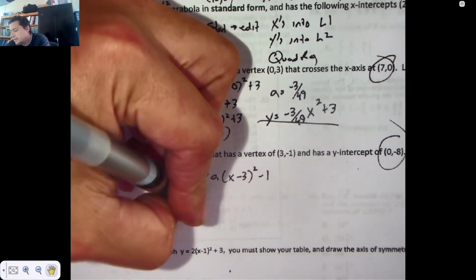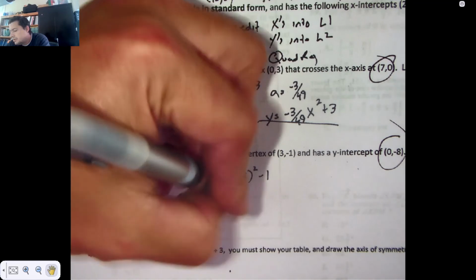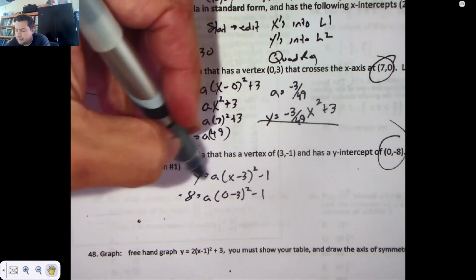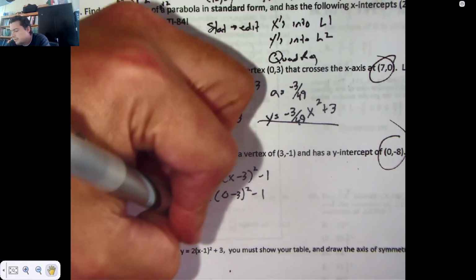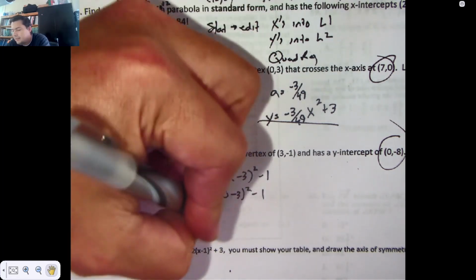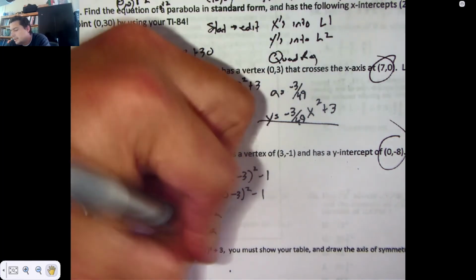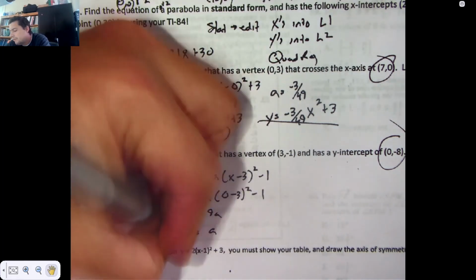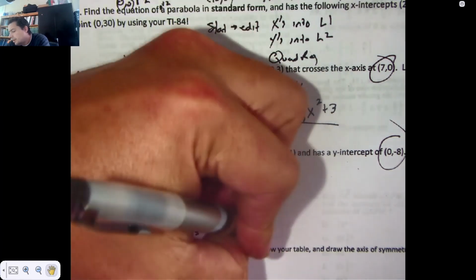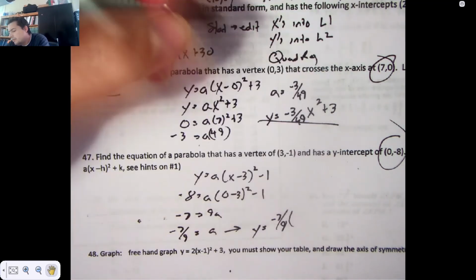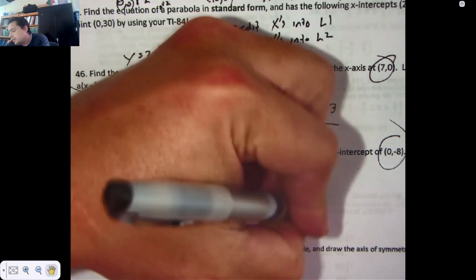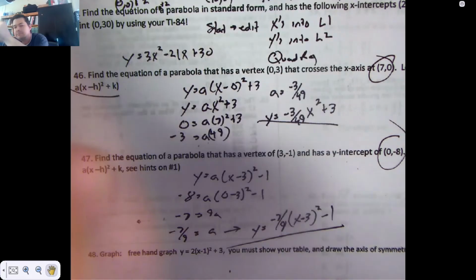Negative 8 is a times 0 minus 3 squared minus 1. If I add 1 to negative 8, I get negative 7. If I square 3, I get 9. Divide that 9 out, and a is negative 7/9. Finish the equation. Y is negative 7/9 of x minus 3 squared, take away 1.